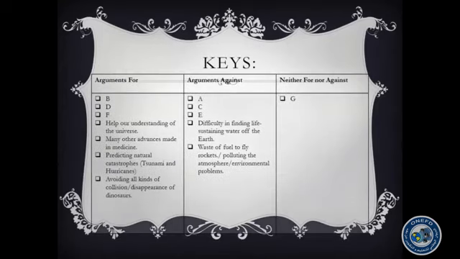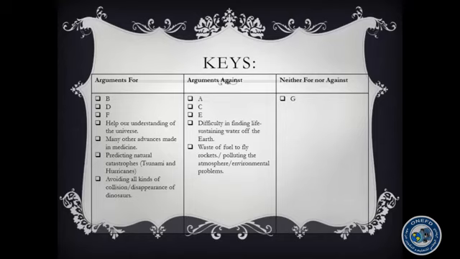As you can see, we have classified the extracts into 3 columns. In the first column, arguments for, extracts B, D, F are considered arguments for space exploration, and we added other ideas just to help you jot down some arguments for space exploration, for example, helping our understanding of the universe, many other advancements made in medicine, and so on. The middle column is for arguments against.